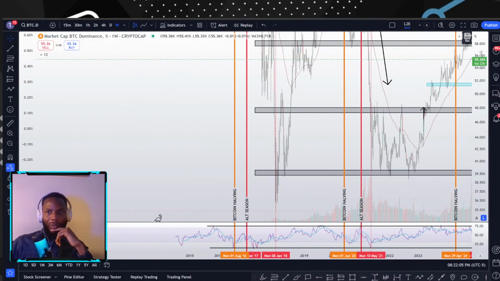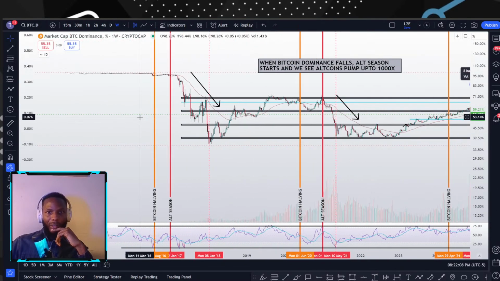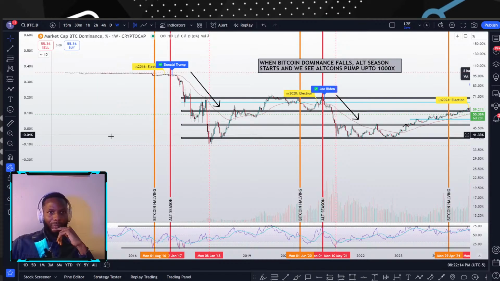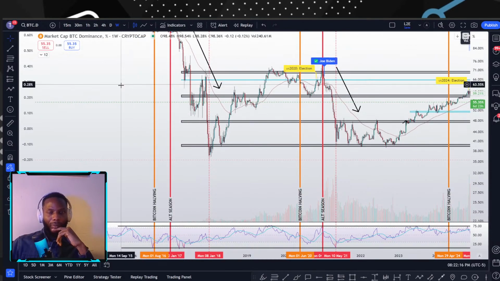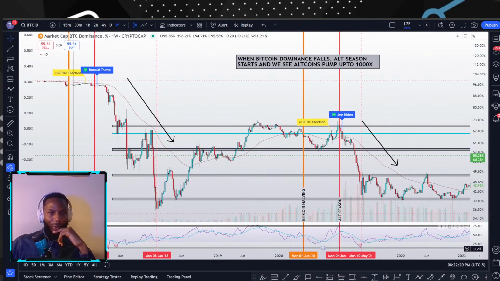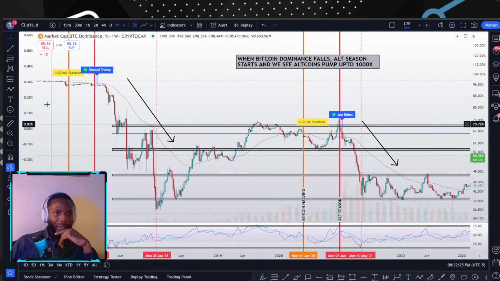this is why this chart is really interesting, because I'm gonna actually show this part too. So going back as far as 2016, we had that US election, right?